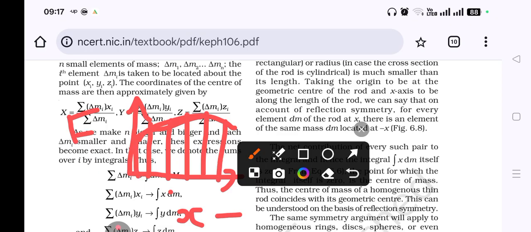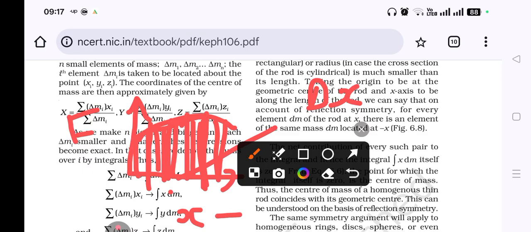What is the benefit of this? For a small region, the force is almost constant. If we keep dividing into very small rectangles of width delta x, and delta x tends to 0, then for that very small change in position we can assume the force to be constant.